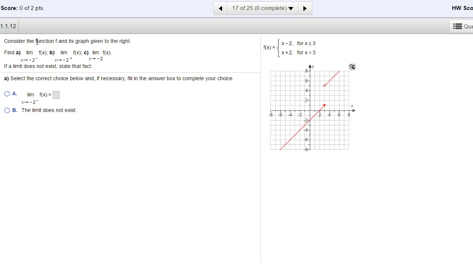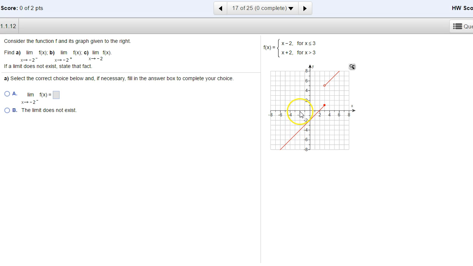This question is asking to consider the function f, which is defined here and drawn here, and its graph given to the right, and it's asking us to find some limits. First, it is asking us to find the limit of this function as x approaches -2 from the left-hand direction. X equals -2 is here on the graph.